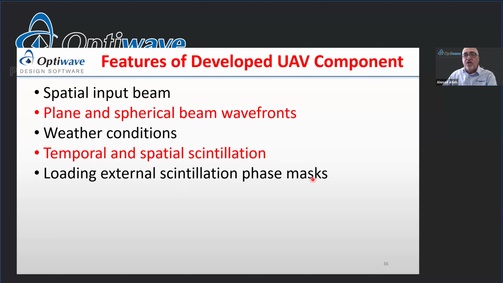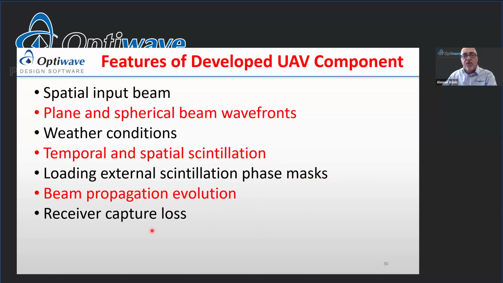We provide a beam propagation evolution, so you can look at your beam either analytically or numerically, and you can see how the wavefront is changing along the transmission. We provide capture loss for the receiver and also incorporate beam wandering as well as the UAV dynamics.